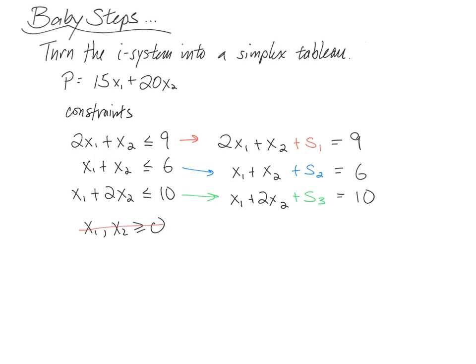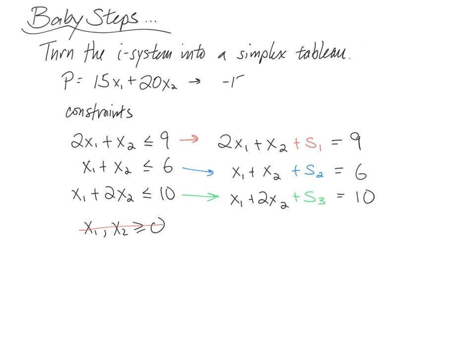Now, as I mentioned, we also have to include the objective function in our E system. You'll notice that all of these equations have all of the variables on the left side and all of the constants on the right side, and we need to make that happen for this equation as well. So before we throw this over here, we need to make sure that all of the variables are on the left.